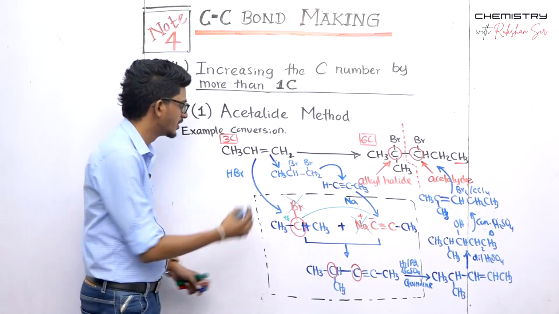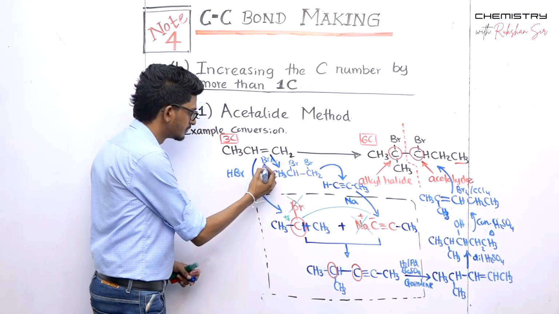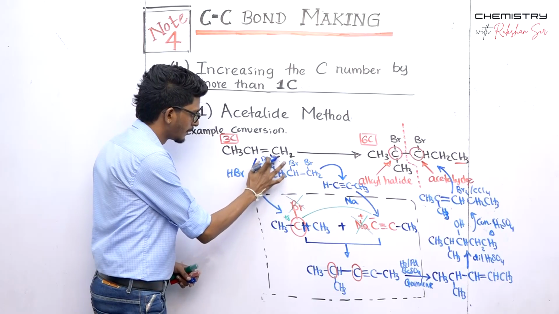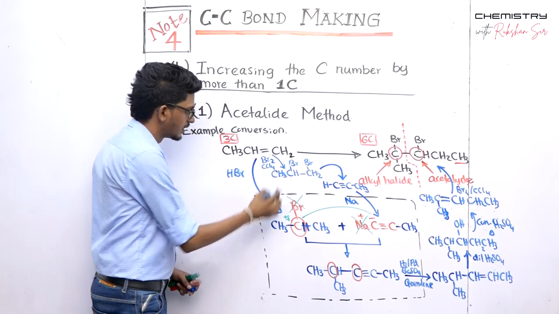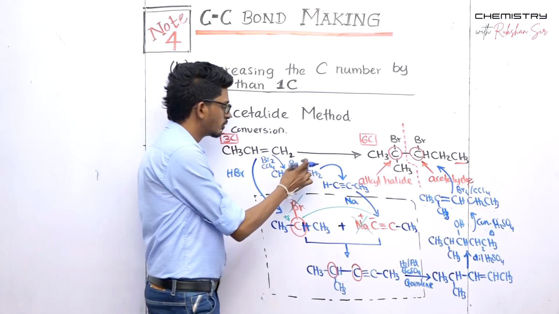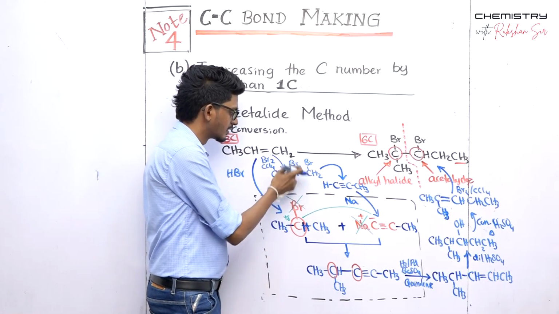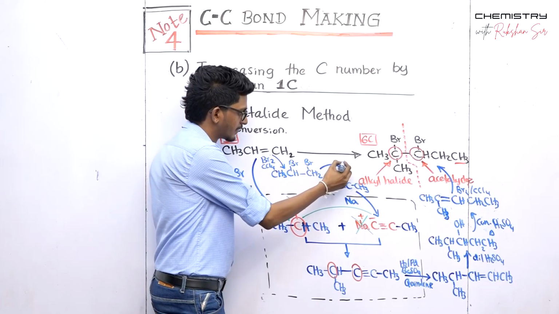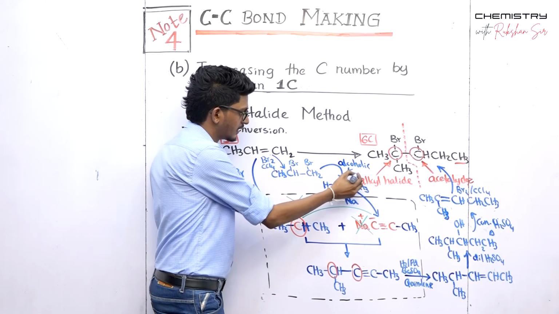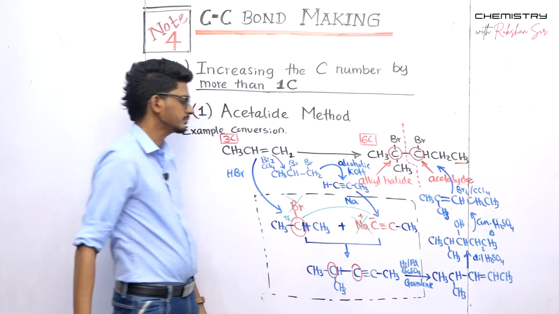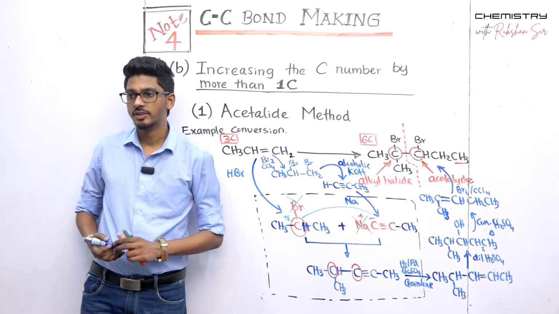First the Br2/CCl4 addition. Then you can remove 2 HBr molecules like this to come up with the triple bond by adding alcoholic KOH. Right, now that is your final conversion.